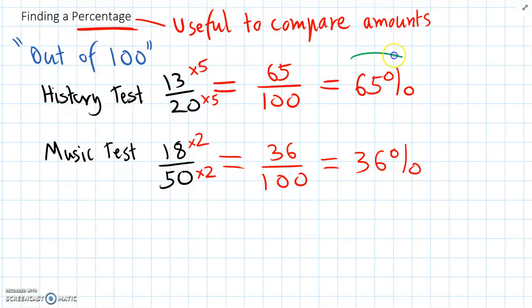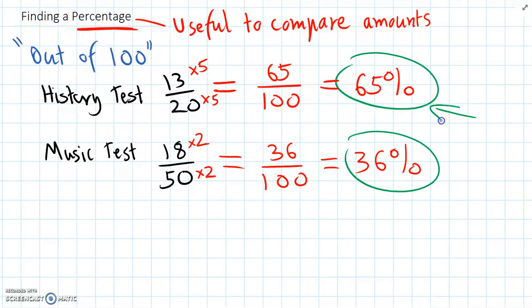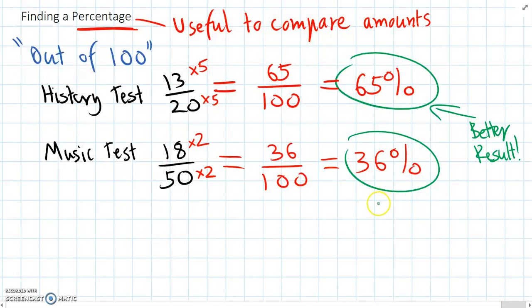So now that we have two percentages, they're both out of 100, and now we can easily see you did much better on your history test. You got 65%. Better results. 36 on your music test, you probably need to study a bit more for that one.